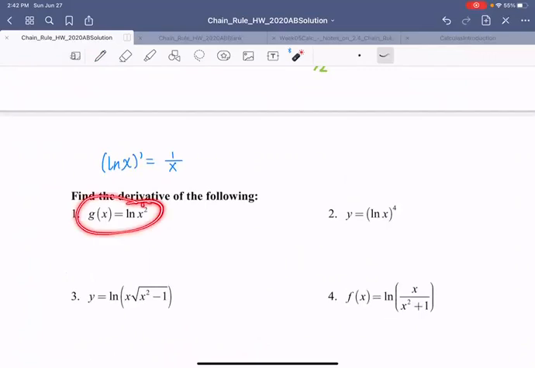Angela, let's do this. g prime x equals 2 times 1 over x squared times 2x.